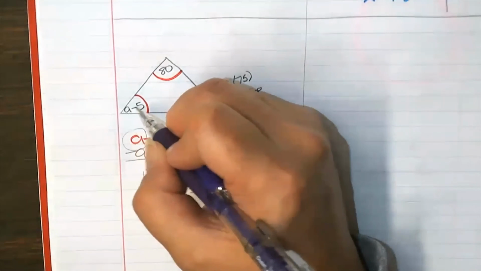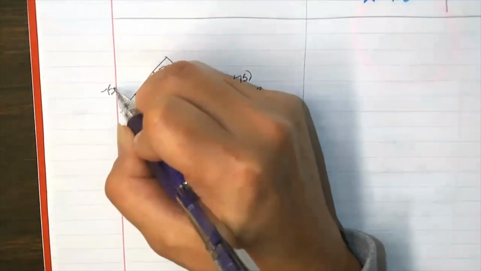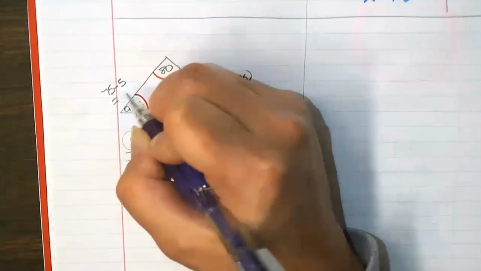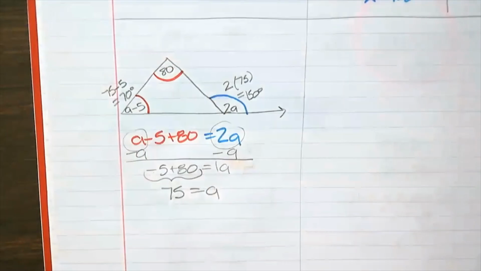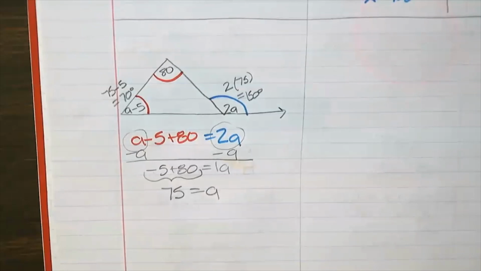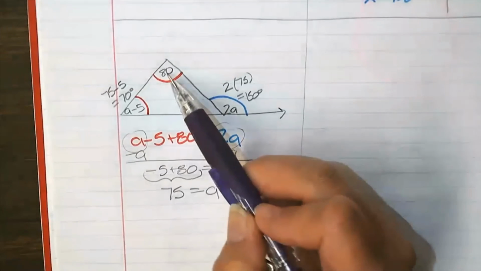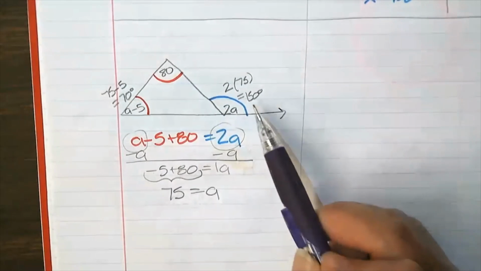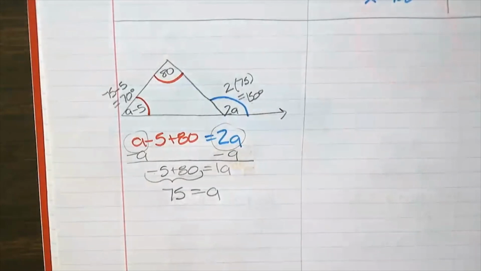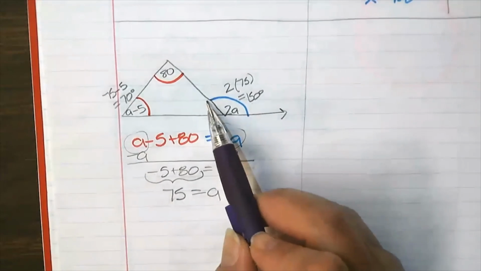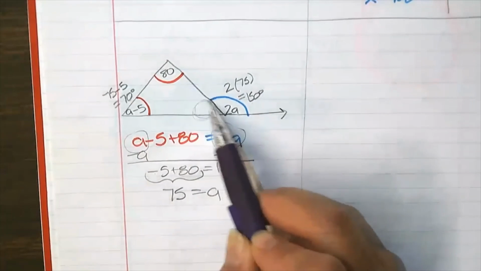This is A minus 5. So this is 75 minus 5. This is 70 degrees. Well, that kind of makes sense. 80 plus 70 is 150. Now, if I want to, can I figure out this missing angle?